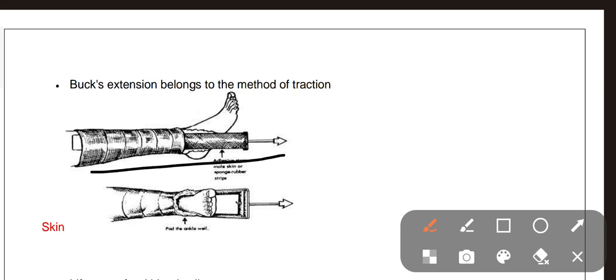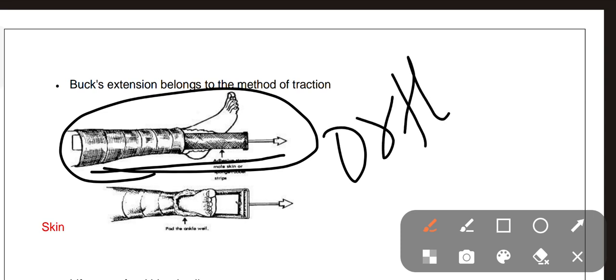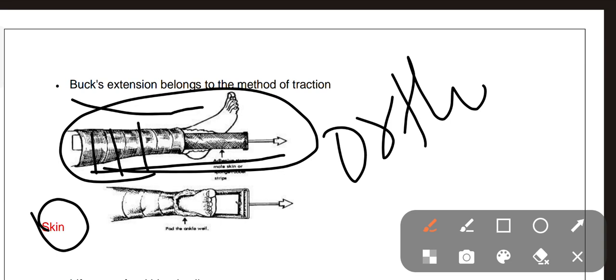When you work in the hospital area, you can see this type of method in the ortho ward, which is mainly for fracture cases. So Buck's extension traction is a method of skin traction. The bandages, cotton and ribbons are tied to the skin of the limb, so it is called skin traction.